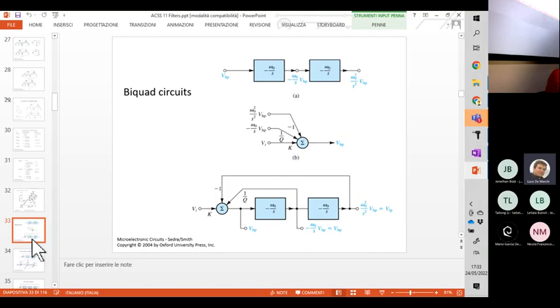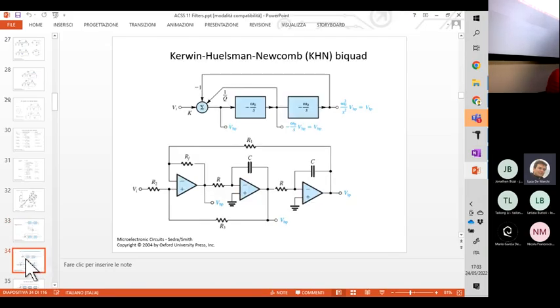Okay, so how can we implement this topology in practice? Well, we need a circuit which is capable to realize this summation, and then we need two integrator circuits.